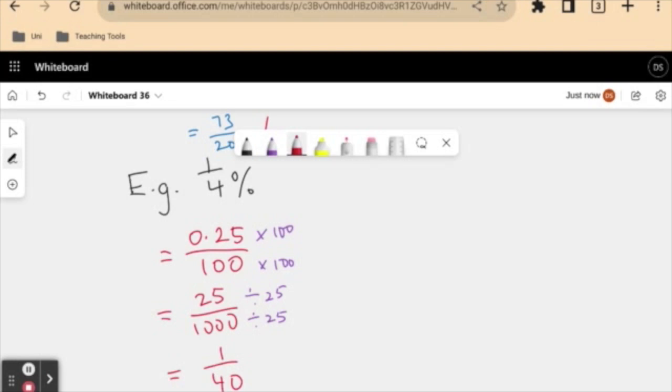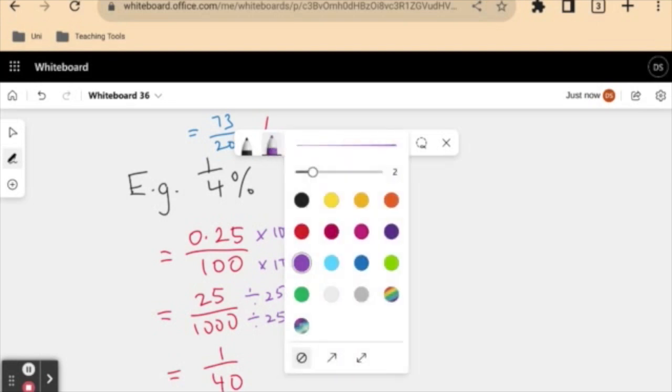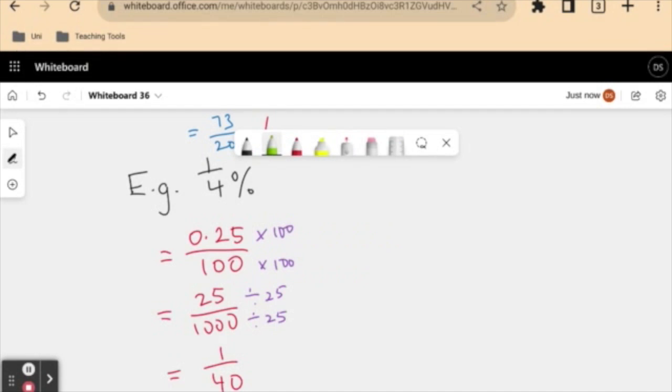So let's change color on this side, and we'll go 0.25 over 100. How can I get this numerator to a whole number?